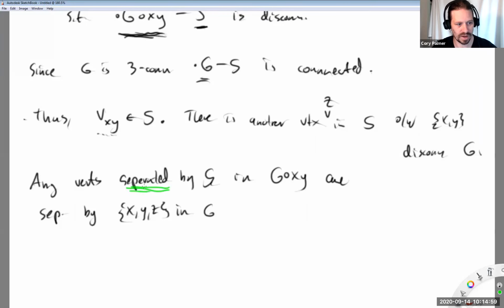Someone guess what I mean by vertices being separated by S. So S disconnects the graph. Two vertices are separated by that if they're in different components.